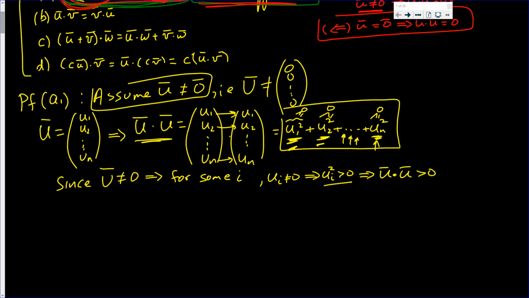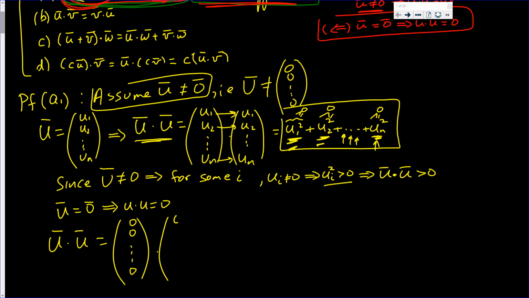Let's write down what we want to show. We want to show that if vector u is a 0 vector, that implies that u dot u is just the number 0. Okay, so u dot u, and u is a 0 vector, so you have 0, 0, many zeros, dotted with many zeros.